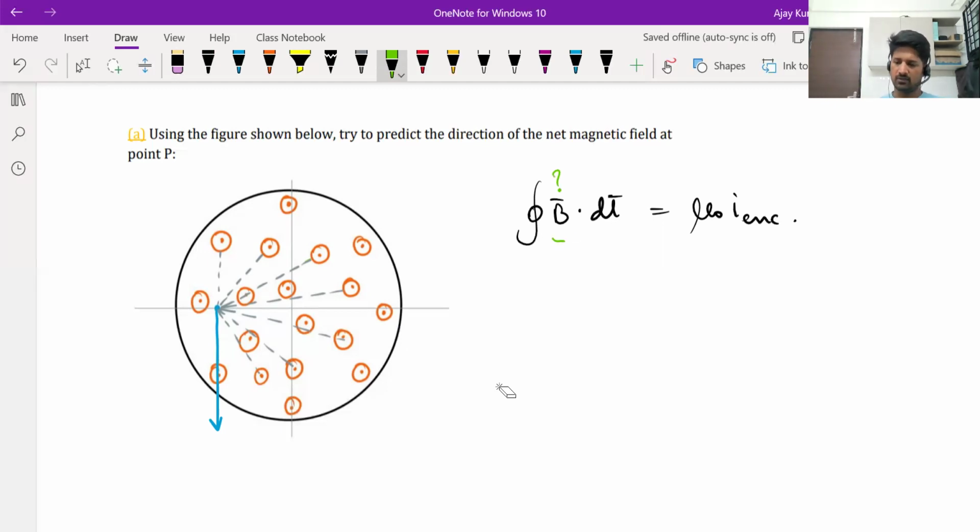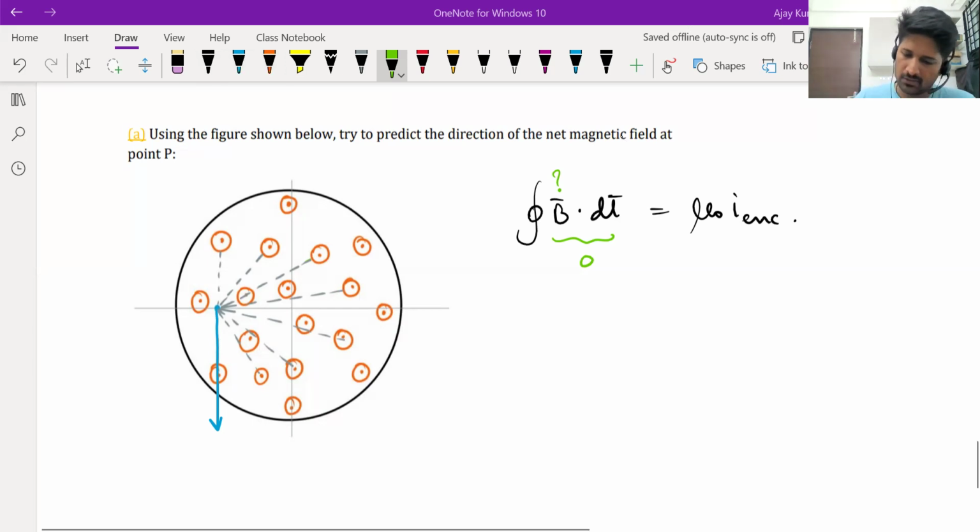Okay. Either this dot product should become 0, or B should have the same magnitude everywhere, so that even when the dot product is non-zero, B can be kept out of the integral. You have to choose a path like that. And in this case, it's quite obvious. What is the path that you're going to choose? A path which will make integrating B dot dl easy. How should it be? It will be a circle in this case.